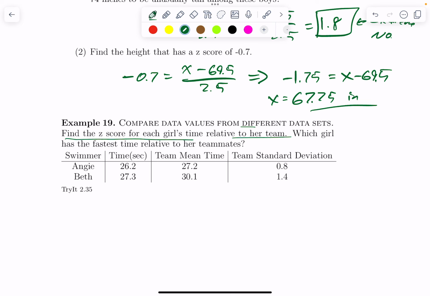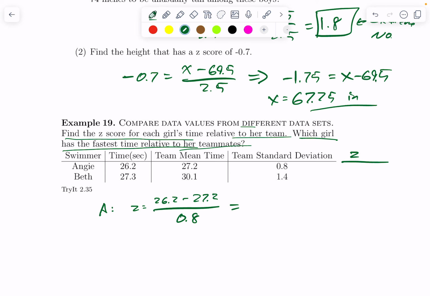Let's go ahead and find the z-scores. For Angie, it's 26.2 minus 27.2 over 0.8.